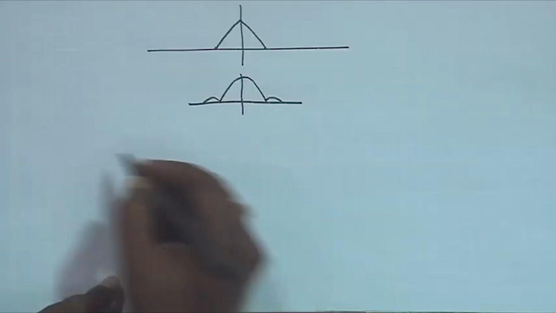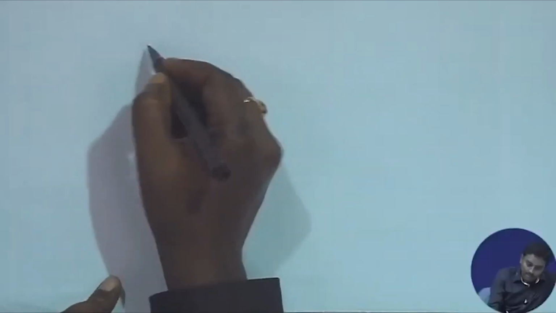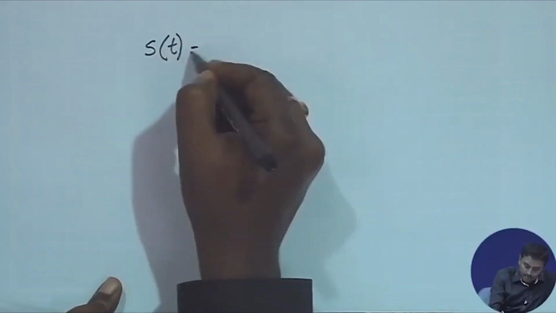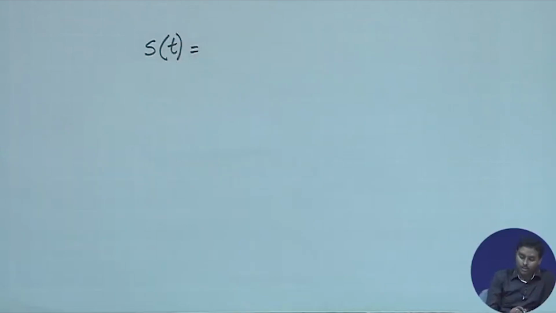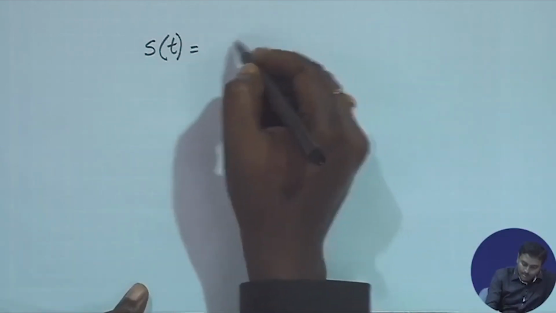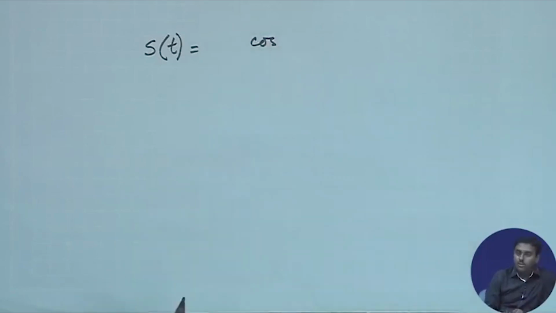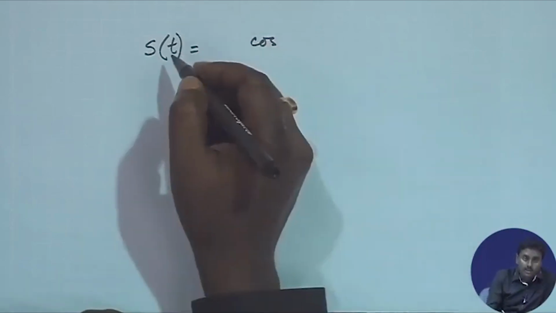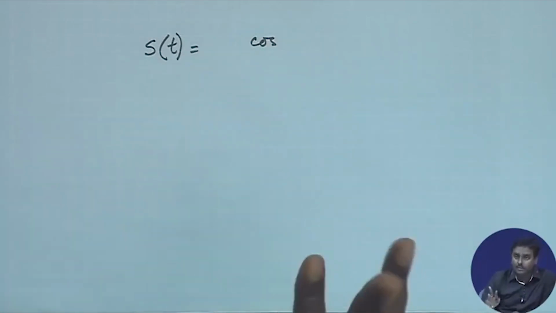So let us say, whenever we are talking about a carrier, I have a signal. I am just representing a sinusoidal signal. So sinusoidal or cosinusoidal, it must have a cos, and it has actually 3 parameters.